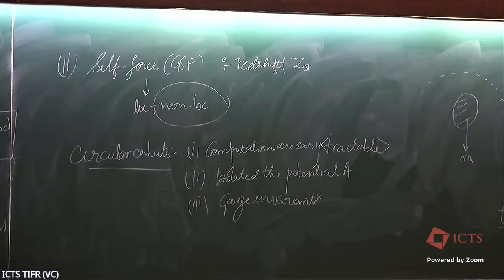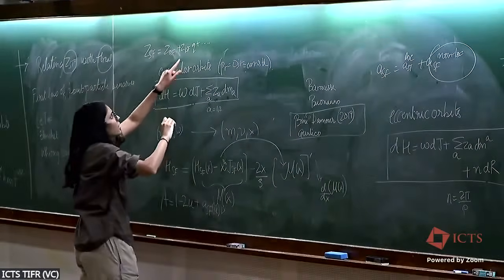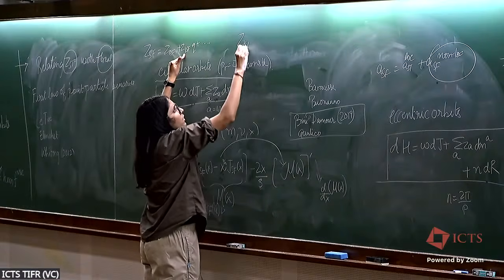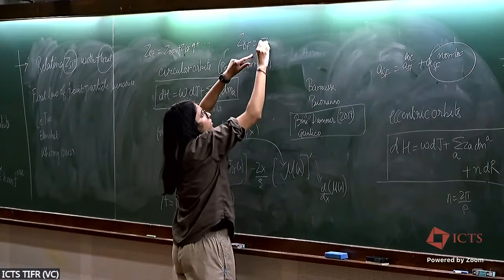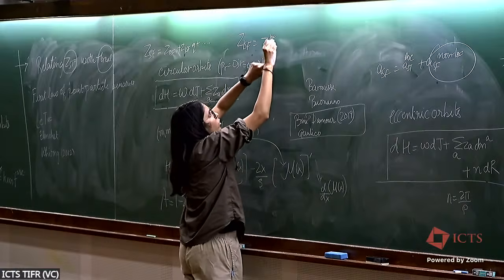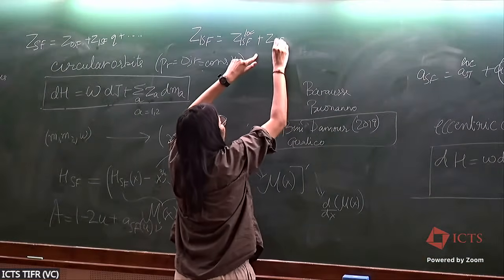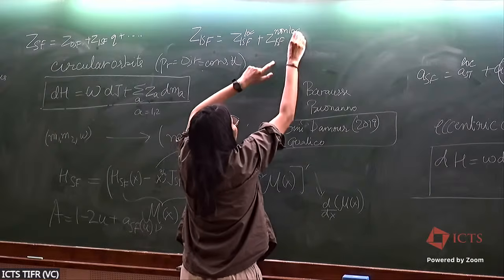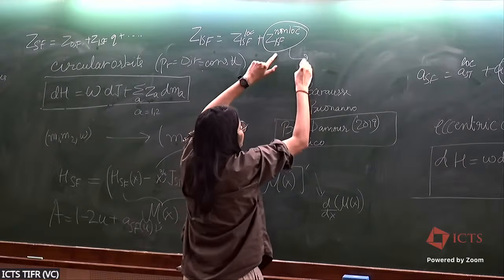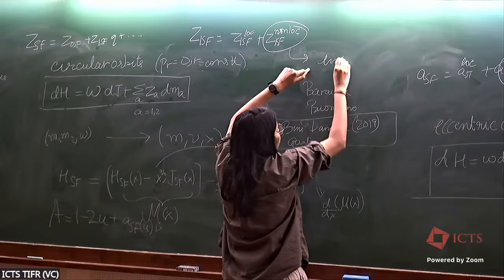And how do you get the non-local piece? You asked. So when you do this self force computation of Z, so Z SF is in itself, we said Z0 SF plus Z1 SF times Q plus higher order terms. This Z1 SF has a part coming from the local contributions, and then there is Z1 SF coming from the non-local contributions. And the characteristic of this non-local contribution is that it has logarithms present in the system.